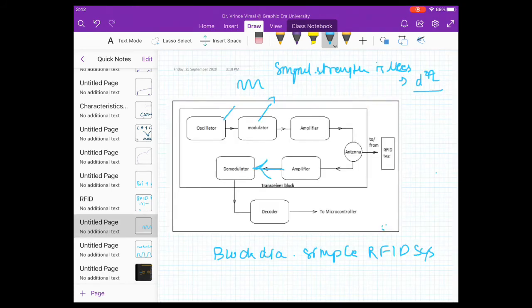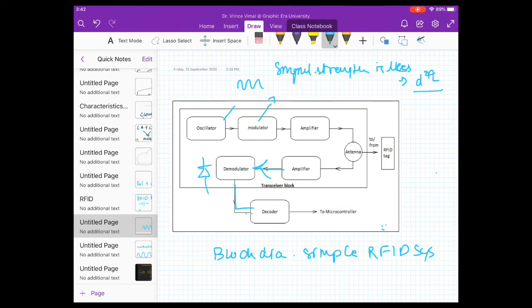So this demodulator is basically an envelope detector which detects the envelope, and further sends this information to the decoder, and from the decoder it is sent for further processing to the microcontroller.